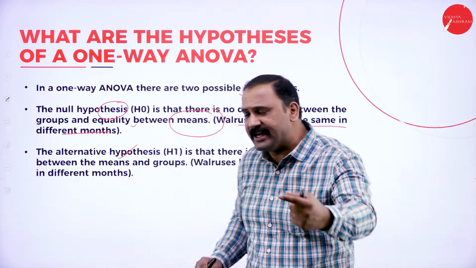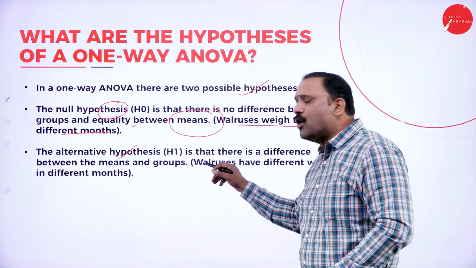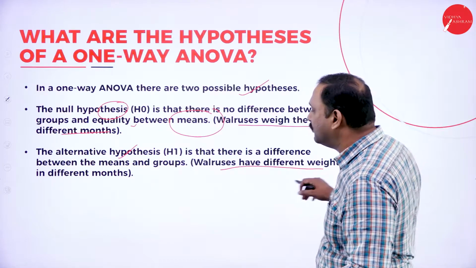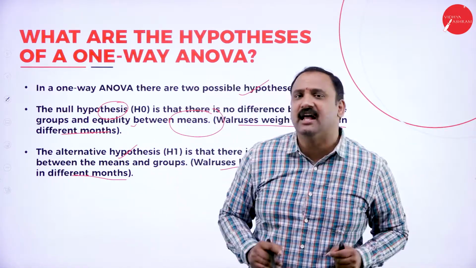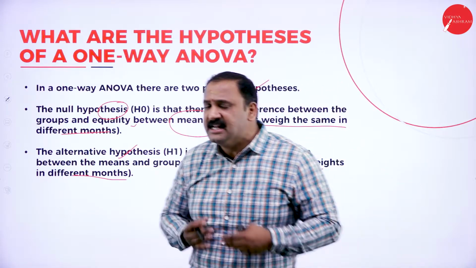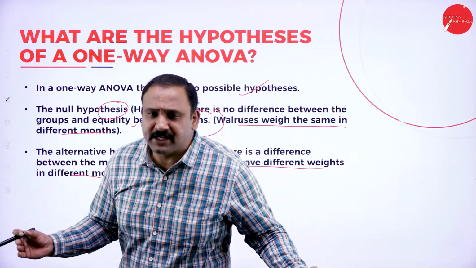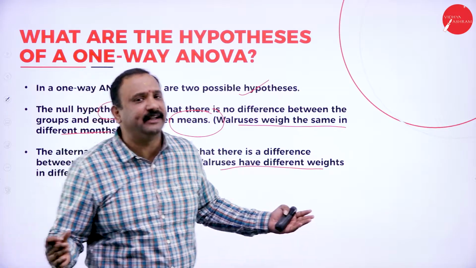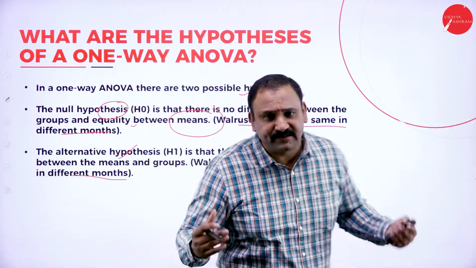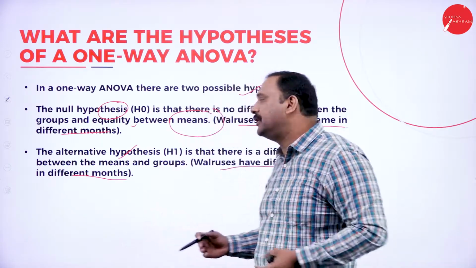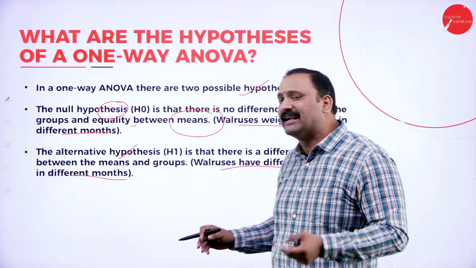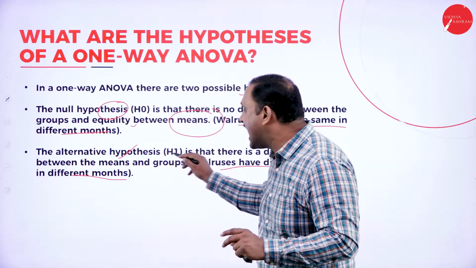The alternate hypothesis to that will be that walruses will have different weights in different months. The moment I predict a null hypothesis, where I say that there is not going to be much change, there's just going to be an equality everywhere, no difference factor at all, the alternative hypothesis is going to pitch in, that is going to make a difference between the means and the group.